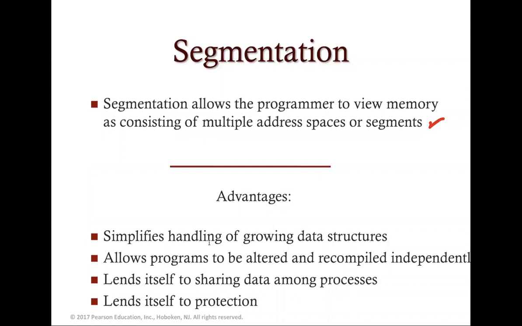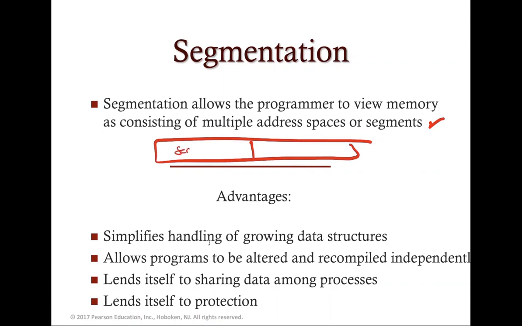This address, as we have clearly said before, has two portions. The first one is the segment number and the offset. This is the virtual address when we are using just segmentation, virtual segmentation.